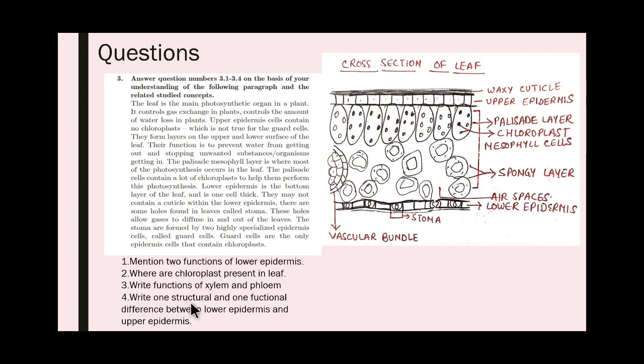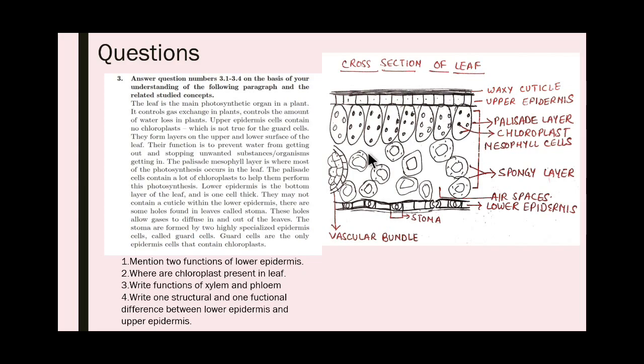Write one structural and one functional difference between the lower epidermis and upper epidermis. First we will see the lower epidermis. In the lower epidermis, the structure is that there are many stomata, and there is no cuticle. But in the upper epidermis there is only one stoma, or it is negligible, meaning no stoma, and there is a waxy cuticle.